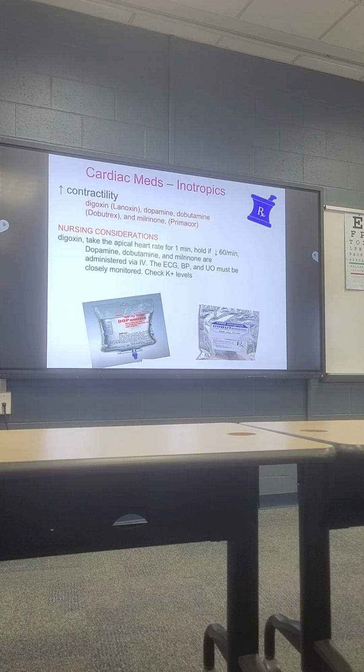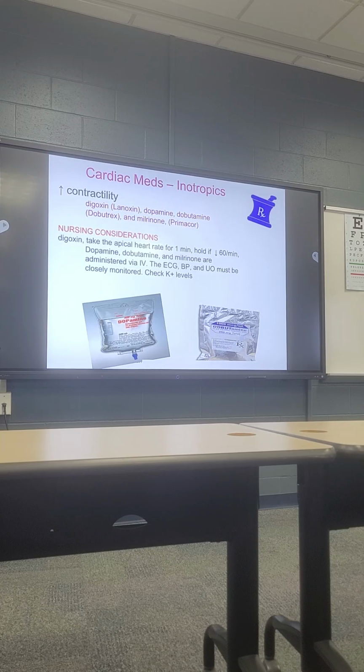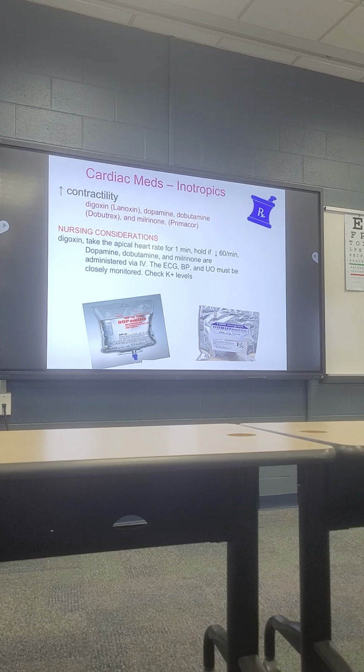We also want to look at potassium levels with that, because digoxin and potassium fight for the same receptor sites on your cells. If you have hypokalemia, meaning there's not a lot of potassium, the digoxin is going to attach onto those cells. They're going to say, oh, that's a free site, I'm going to jump onto that. So you might have dig toxicity.